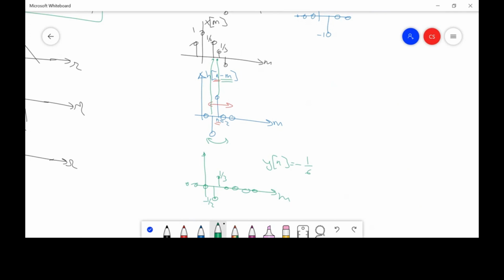And that is my y, not of n, but my y when n is equal to 2, because I shifted it to n equal 2. Okay? And I would do the same for all the n's. It takes a lot of time, but okay, you are very patient, you can do it. The computer can do it very quickly, so we don't care. We only need to understand what it will do.